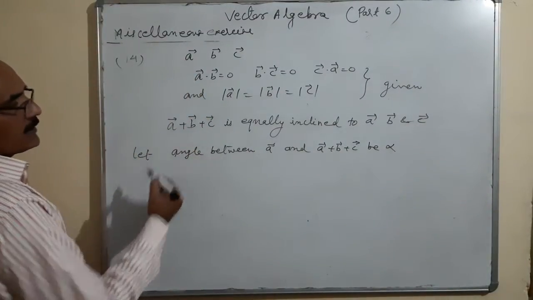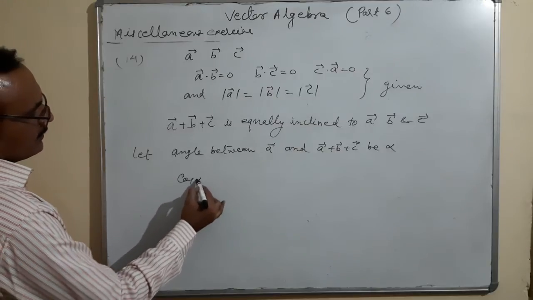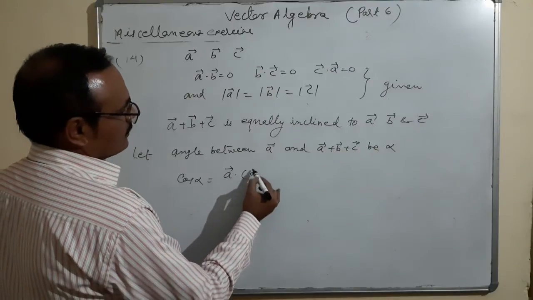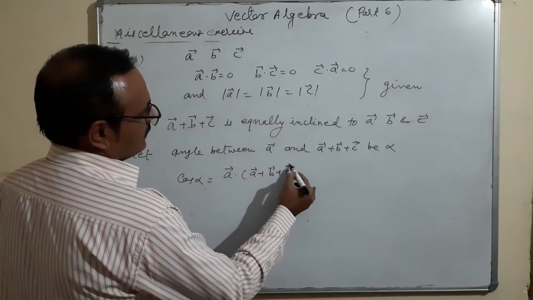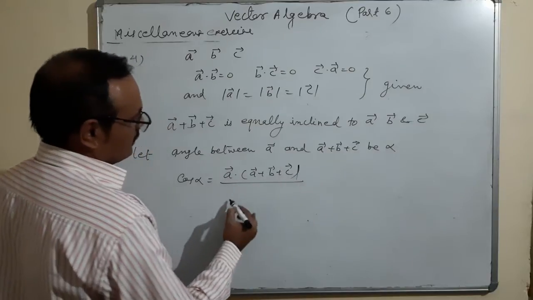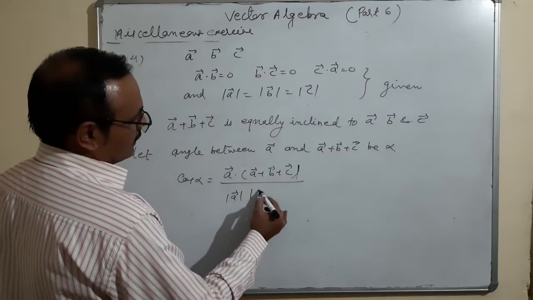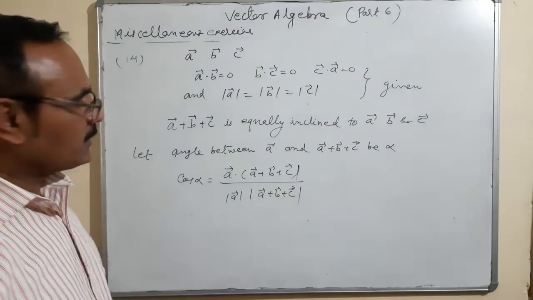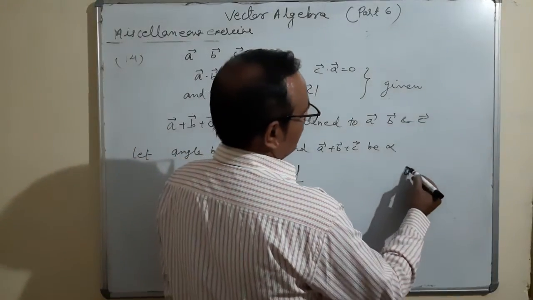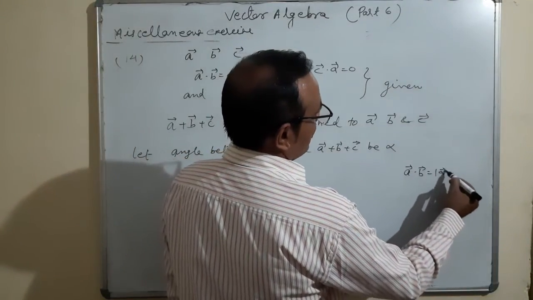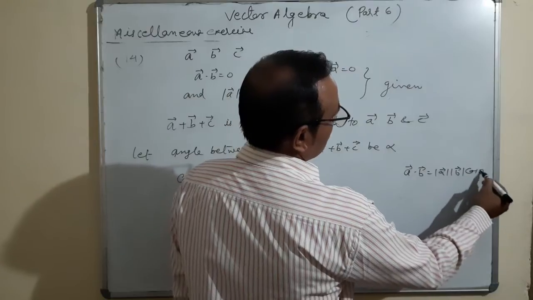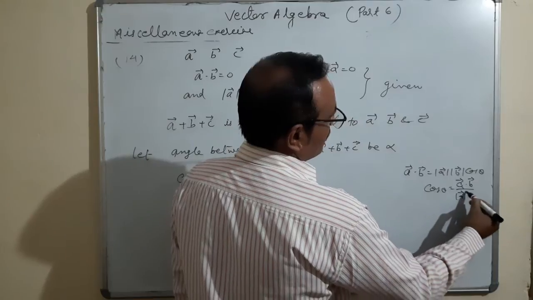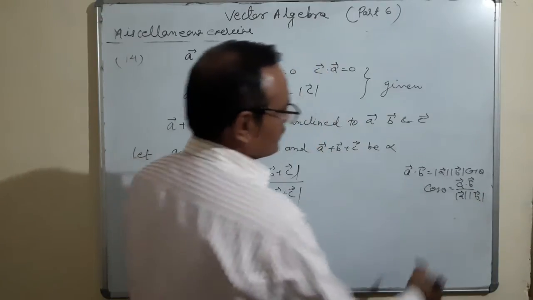Then, by the dot product, cos alpha is equal to vector A dot (A plus B plus C) upon magnitude of A and magnitude of A plus B plus C. This is the definition of cos: as you know, vector A dot vector B is equal to magnitude of A, magnitude of B cos theta, so cos theta is equal to vector A dot vector B upon magnitude of A, magnitude of B. So I have written this step directly.